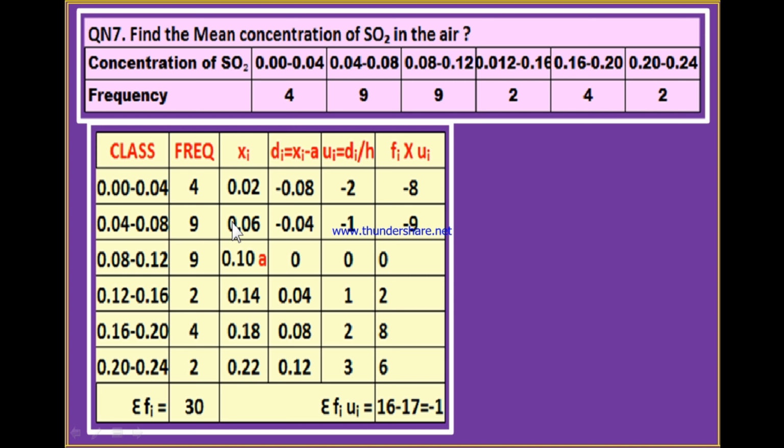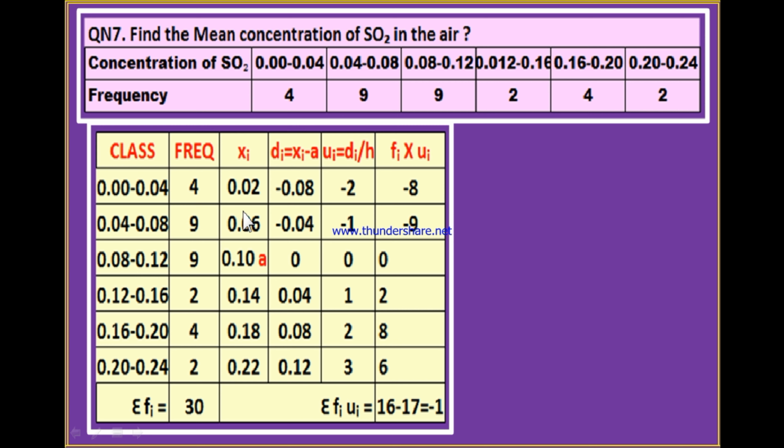These are the class marks or mid values. After writing all the class marks, you can consider the mid value of a class which is having highest frequency as A, as assumed mean. A stands for assumed mean.